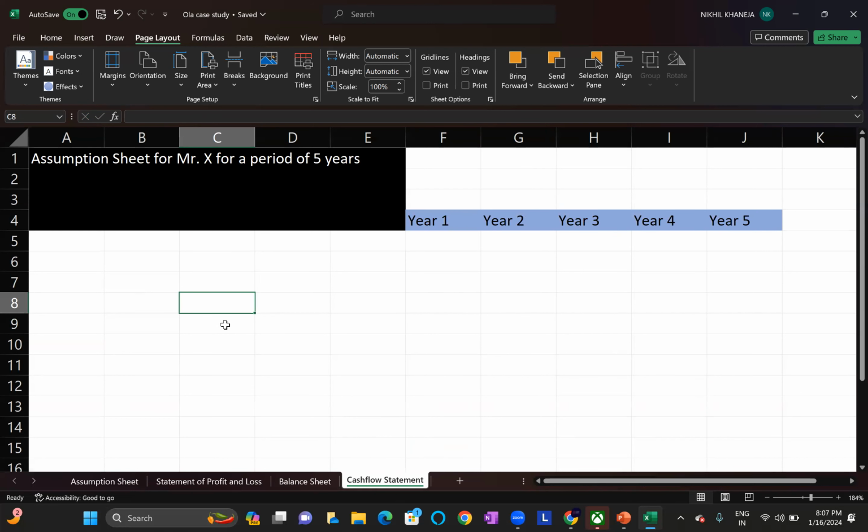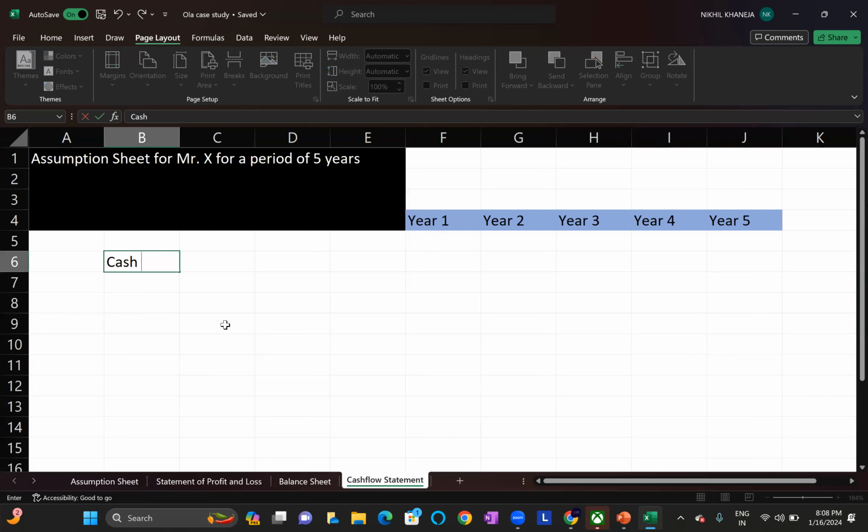Cash flow statement, guys, is nothing but a cash and bank account classified under three headings: cash flow from operating activities, cash flow from financing activities, and cash flow from investing activities. So first of all, cash flow from operating activities.